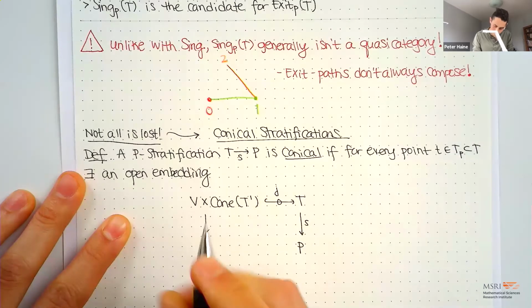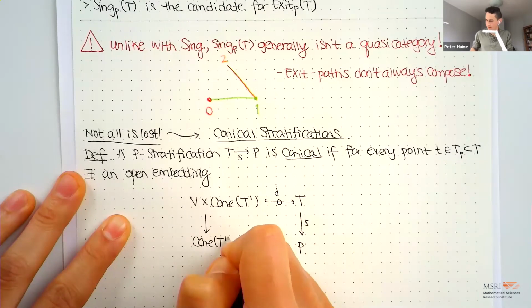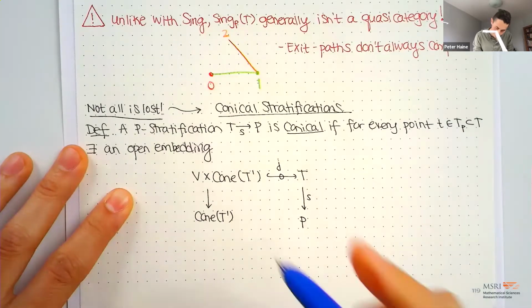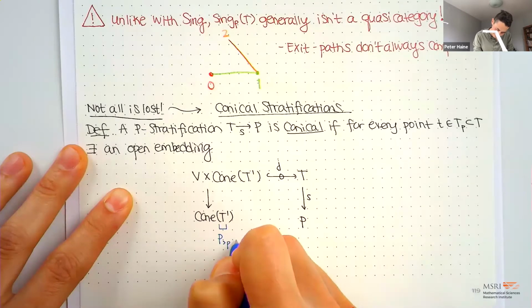So this T prime is going to be a P-greater-than-P stratified space.